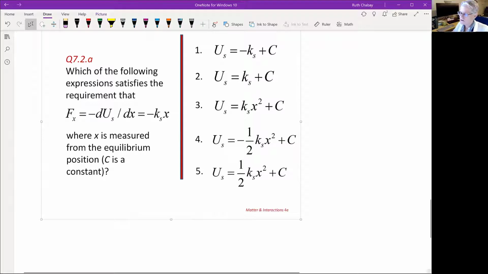Which of these expressions correctly satisfies this requirement that minus dU/dx is minus k sub s times x? One way to think about it is to just try differentiating these with respect to x and see if we get the right equation. And remember the minus sign.